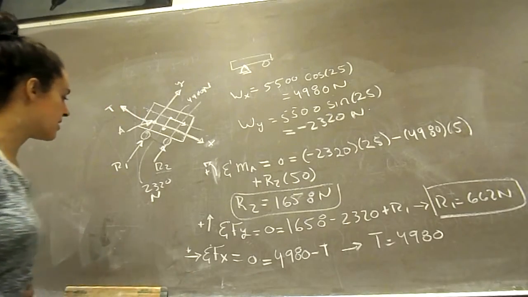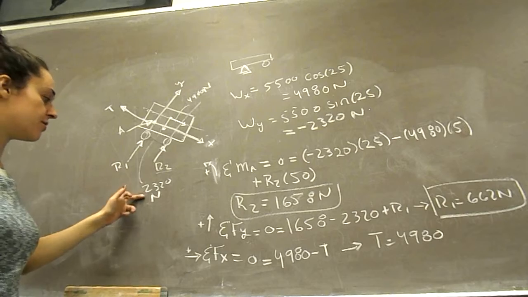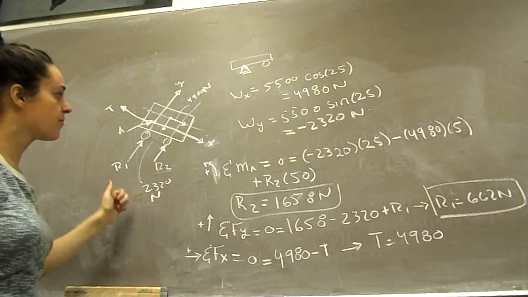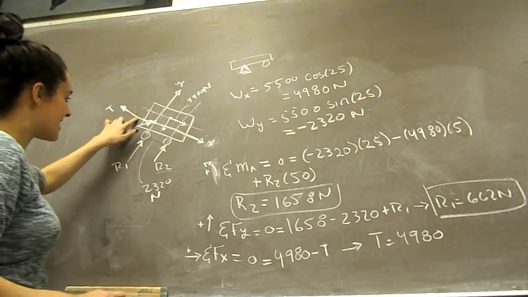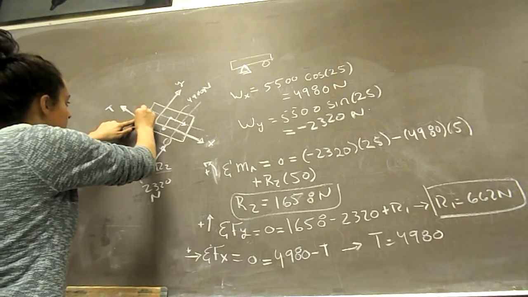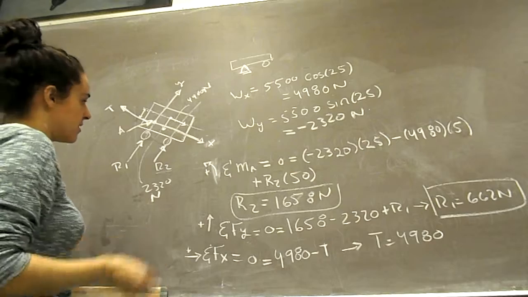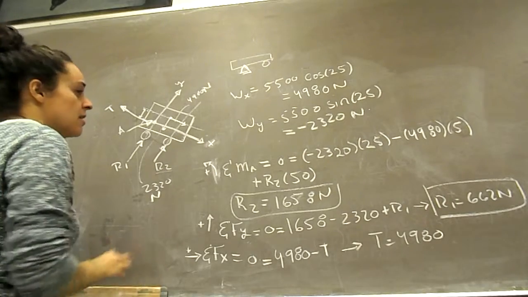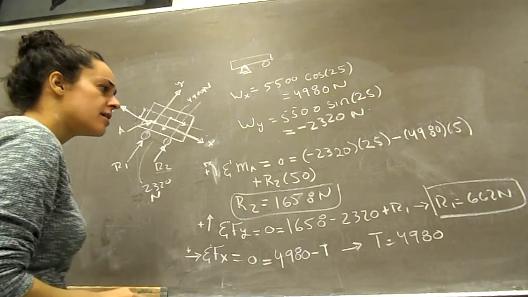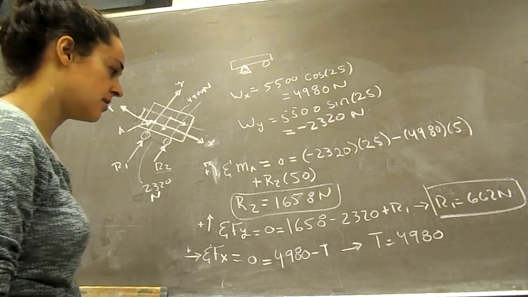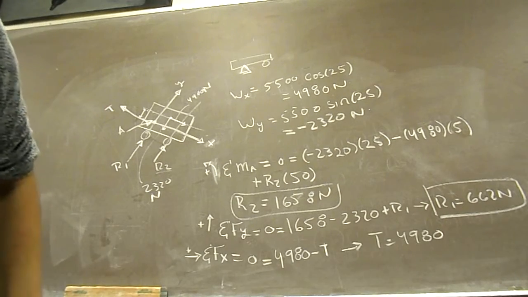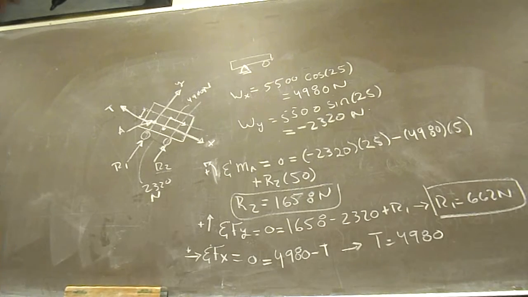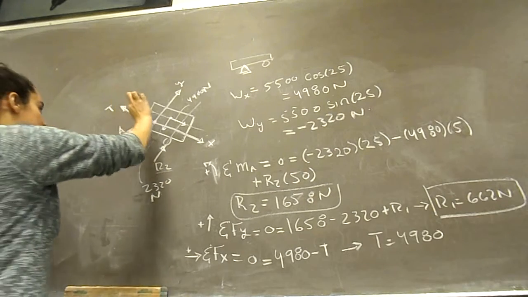Now we're going to get a moment from the X component of the weight, and the reason is that the tension is barely off of the center of the body. I didn't draw this great, but if I recall right, the center of the body was 5 centimeters below the center, so this should be 5 centimeters.